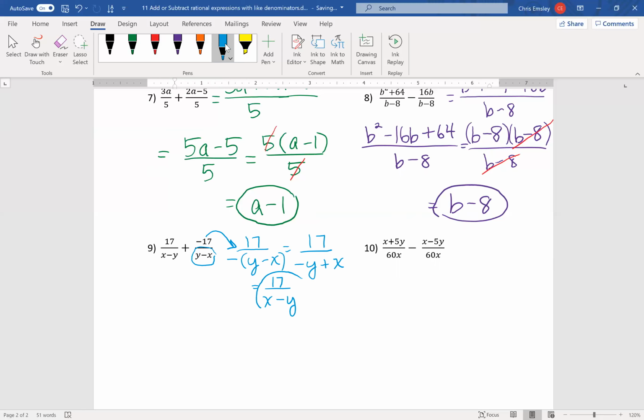So that second rational expression, that second fraction, is equivalent to a positive 17 over x minus y. So now if we write it out, you can see we do have a common denominator. And 17 plus 17 is 34. There is our final answer.